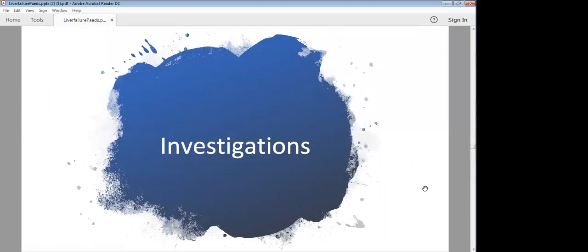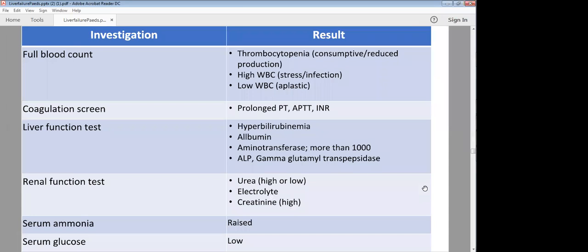Investigation. Okay, we do full blood count to check thrombocytopenia. It could be low due to low production or overconsumption, and we can rule out high white blood cell count, which could be due to stress or infection, and then low white cell count due to leukemia or aplastic anemia. Okay, coagulation screen is important. For the diagnostic liver function test, usually it is presented with hyperbilirubinemia. Albumin will be low. Aminotransferase high, more than 1,000.